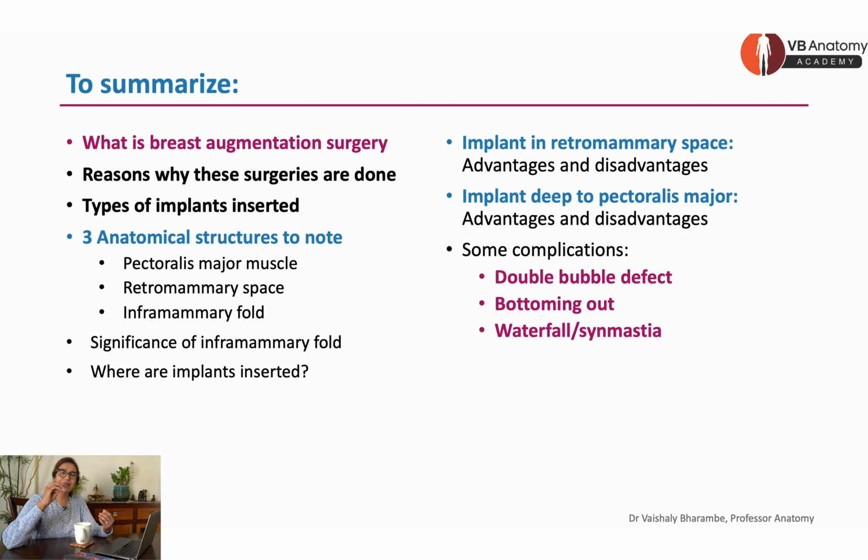We've discussed 3 basic anatomical structures you should know for carrying out these surgeries. We've discussed the significance of inframammary fold. And then we went on to talk about some of the complications of each of the types of implant placements. Something about double bubble deformity, bottoming out, synmastia, and so on.